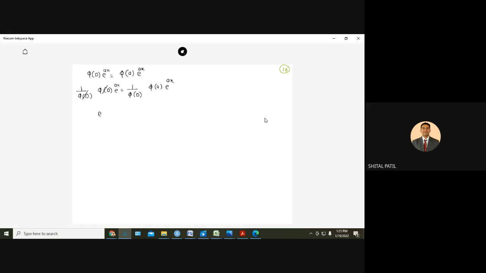Okay, so e raised to x is remaining. Phi of a is constant. Okay, and operating 1 upon phi of d means integration. So we can write constant outside whenever integration is there. In case of derivative also it is possible. I'll take this phi of a to other side. This is the formula.